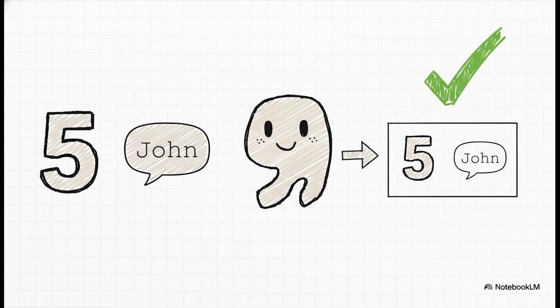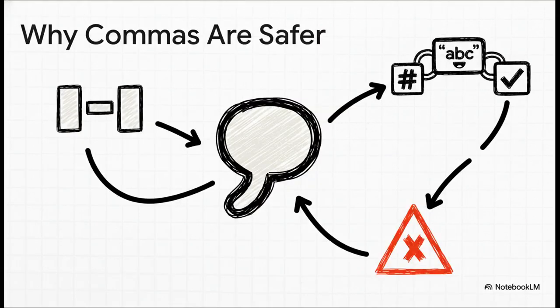It just prints the 5, adds a space automatically, and then prints John. It handles the different types like a champ. So let's just recap why commas are basically your best friend for printing. They handle all the spacing for you, they really don't care if you're mixing up numbers and words, and most importantly, they help you dodge that nasty type error we just ran into.